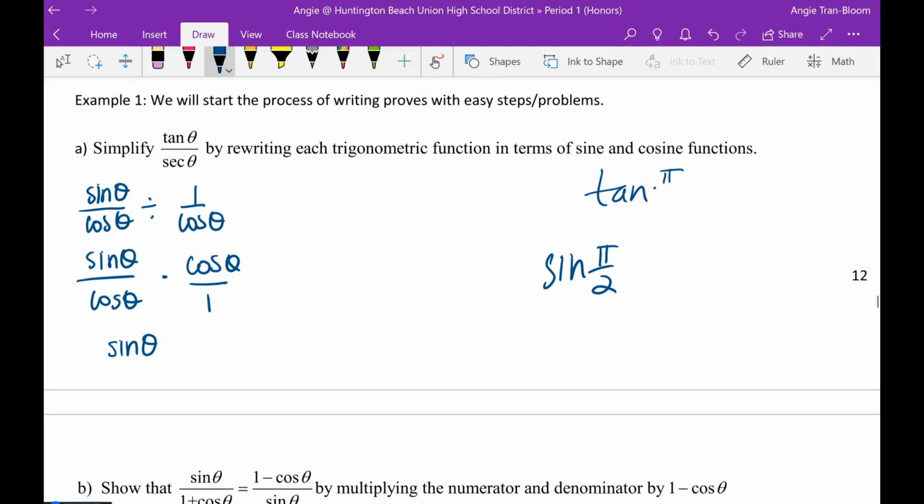Yeah. Oh, you can always use that. Yeah, good question. You can always manipulate that if you see that it works in your proof. Okay. When you're writing proofs, you're going to use all of your knowledge, really. And your book might have a solution or a set of keys that goes one way, but that doesn't mean you have to go that way.